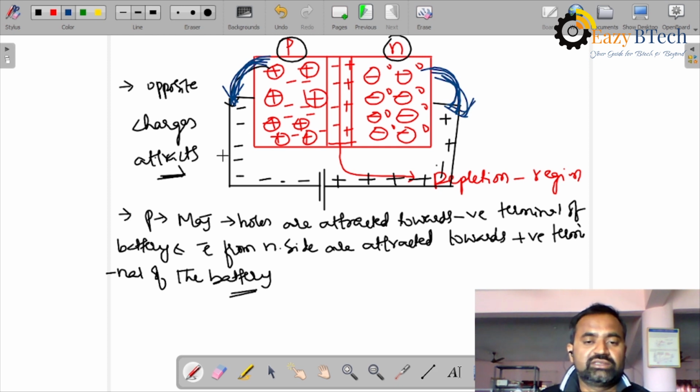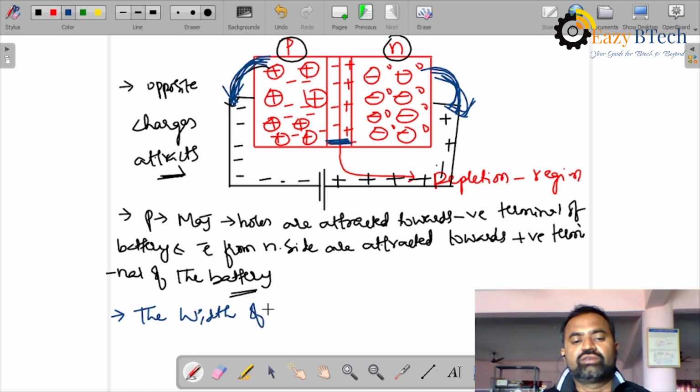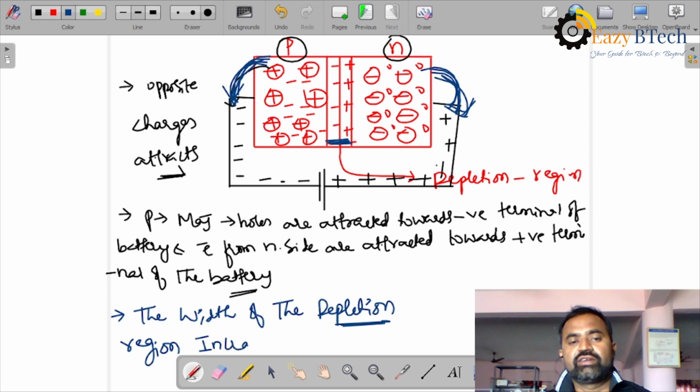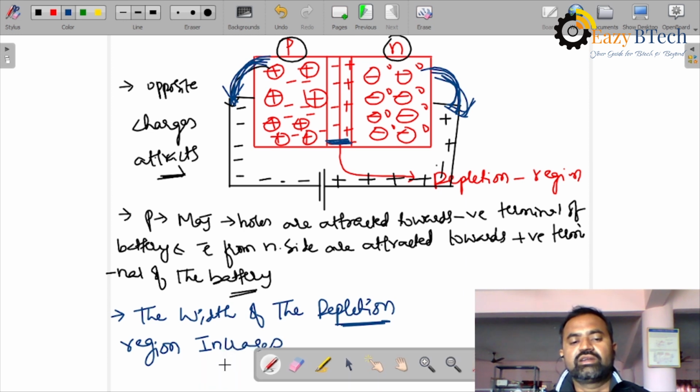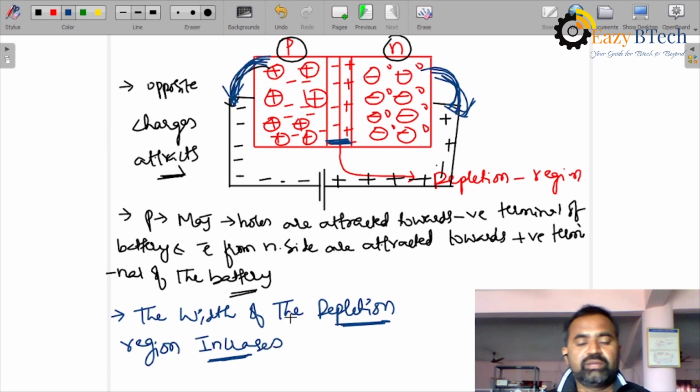Now what happens? The width of the depletion region increases.